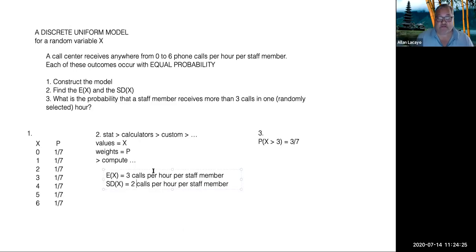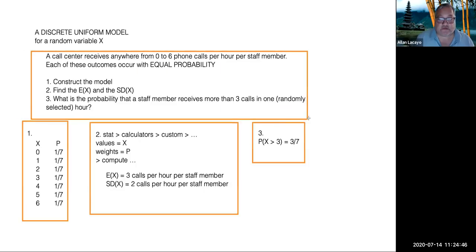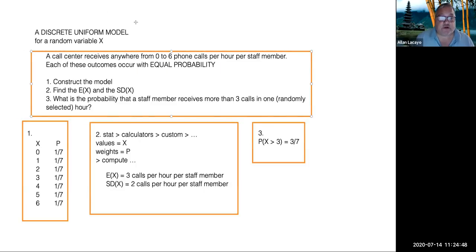And that solves pretty much any kind of question from a discrete uniform model. Any question about a probability model itself, any question about the expectations and the deviations in the model, and any probability specific to any interest we might have of a situation that we call a discrete uniform model of probability.